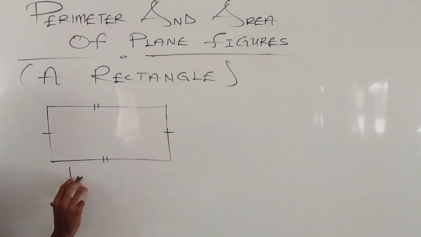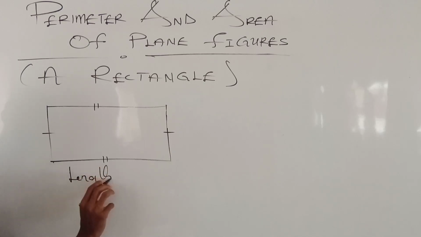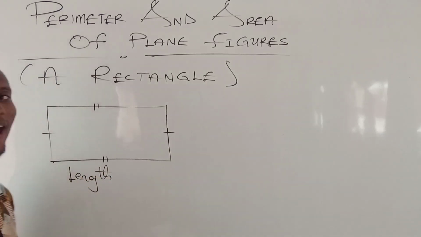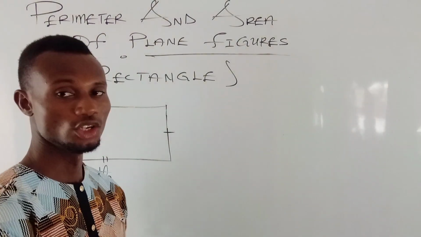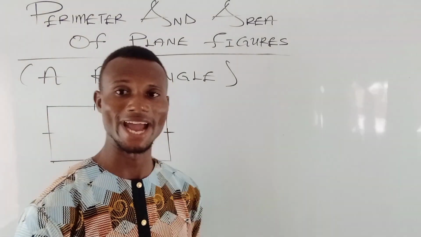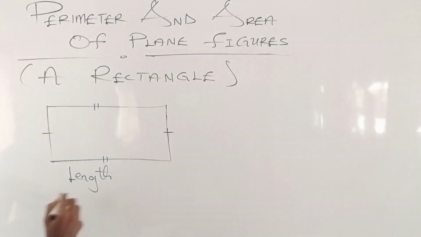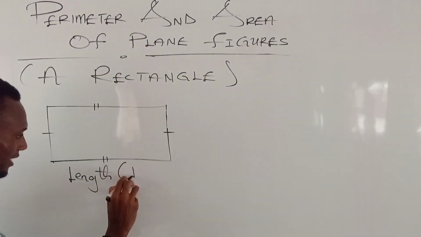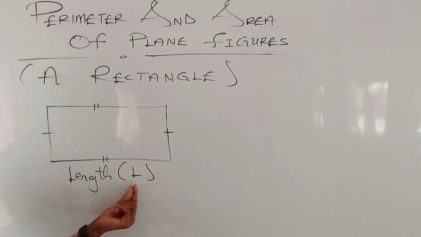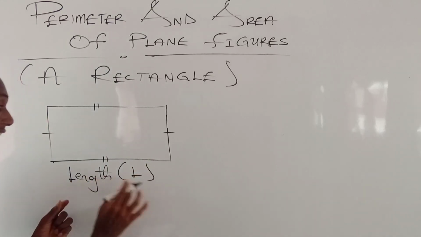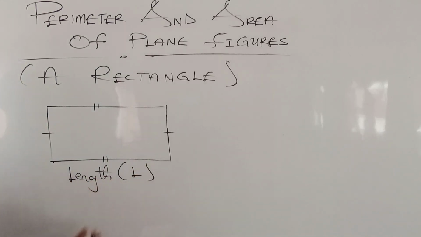This is the length of the rectangle, and I'll represent it by a variable. Usually we represent it by capital L, so length in brackets capital L. When you see capital L in this topic, it refers to the length.